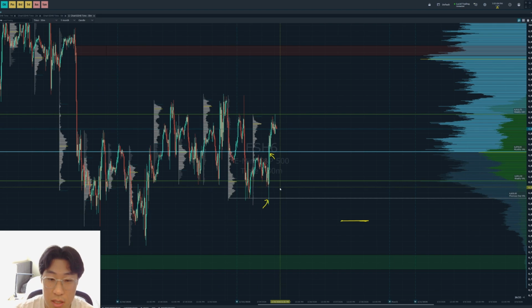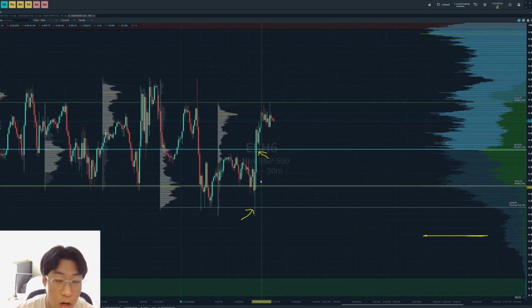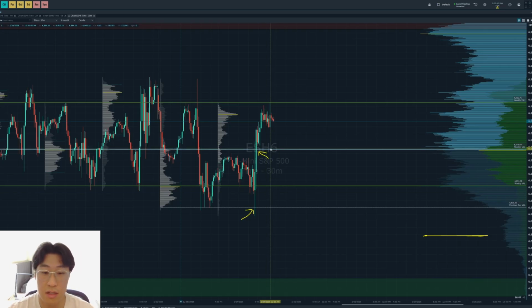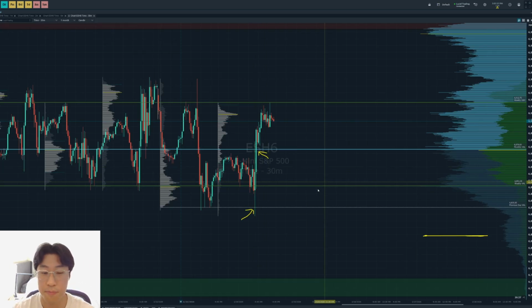In order for me to take a long, I needed a little bit more confirmation and momentum, and to me, this 68.78 level proved that price was willing to take out the highs and then break above, and that's why I was looking to take a trade there over this weekly value area low. Because just because price breaks to the upside does not mean that we're going to get continuation, right?